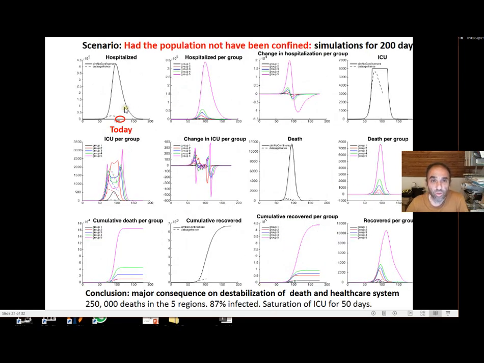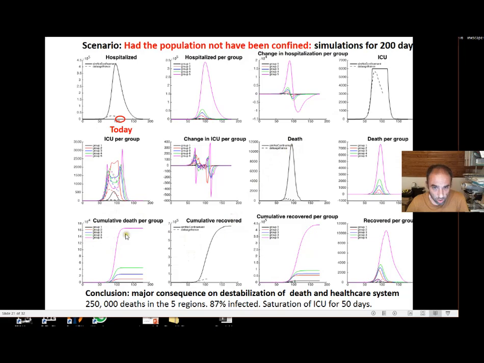Then this is a scenario had the French population not been confined, and the simulation shows where we are after confinement day. So this is the data, and had we not been confined, you can see this huge peak where the ICU would have been completely saturated, with a need for hospitalization of 350,000 at the peak, and a number of deaths at the peak of 12,000.